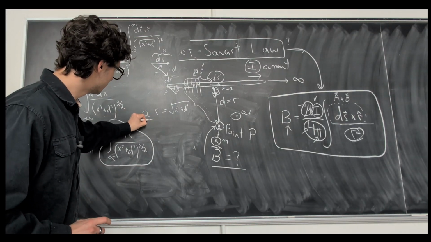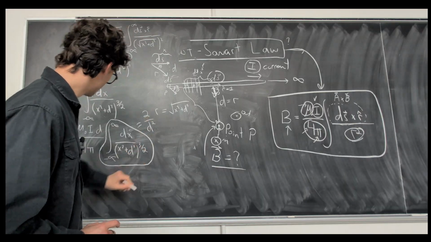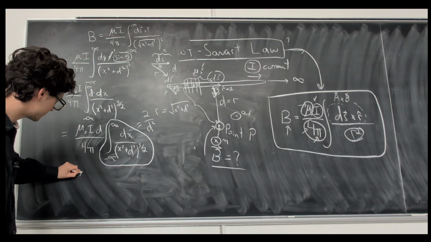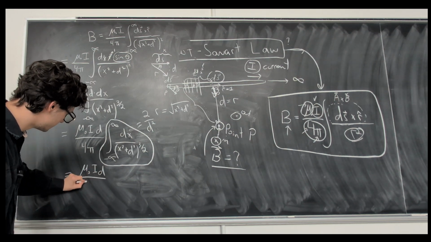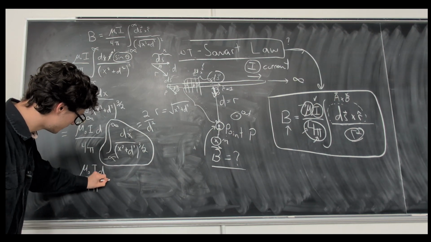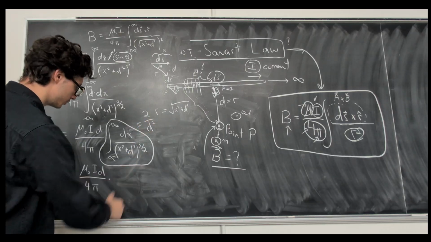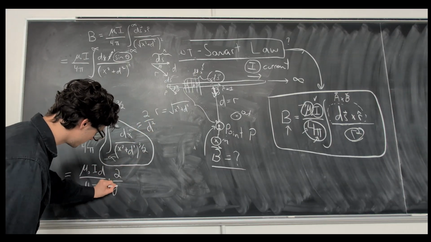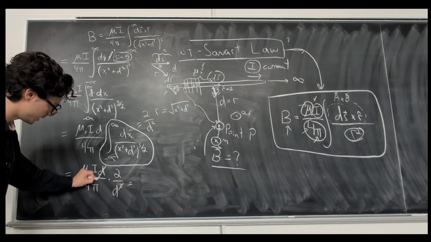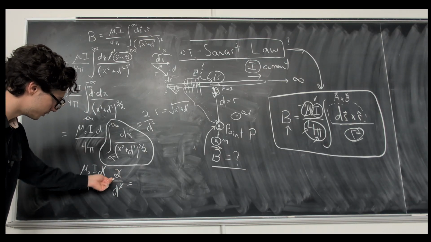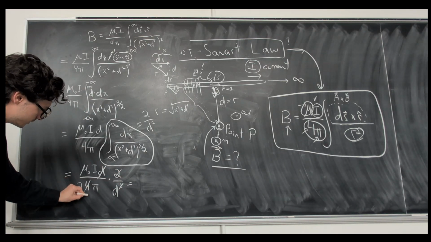This equals 2 over d squared. Now we can simplify this a little bit more. I d 4 pi. Remember, this whole integral equals 2 over d squared. Now we can cancel some things. There's a d squared here and a d here that cancels, leaving 1. There's a 2 here that cancels with this 4 and leaves a 2.